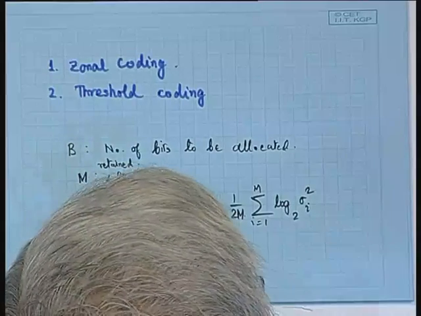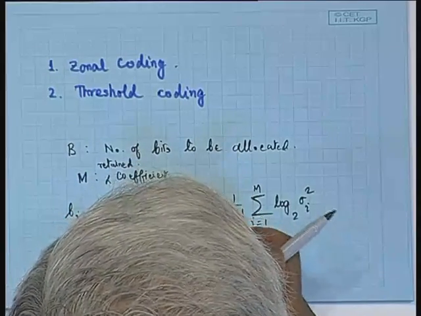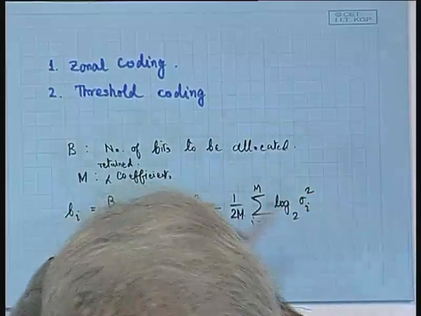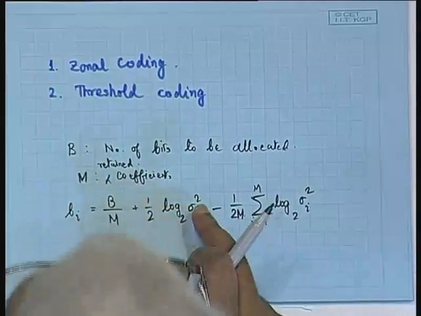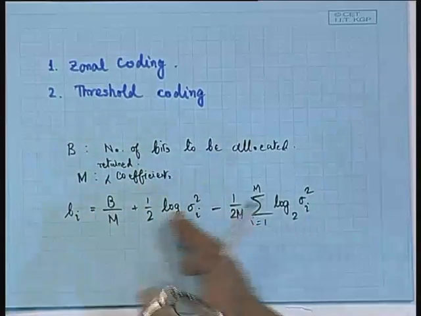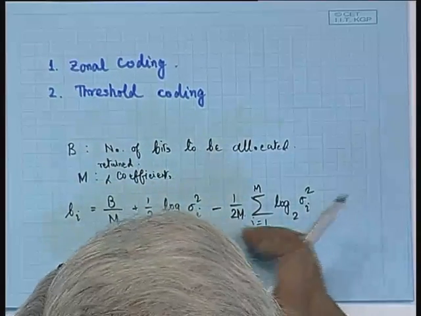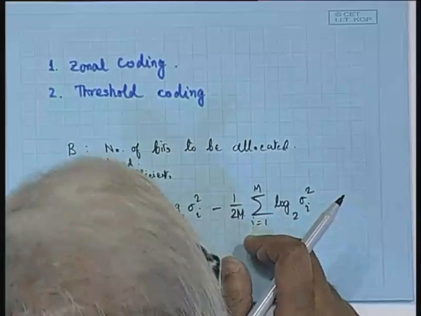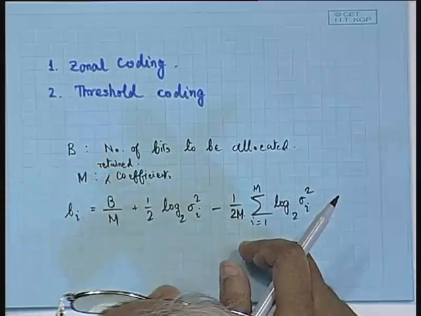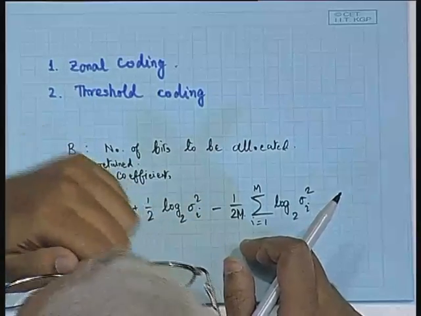So, B will be there, and this is 1 by 2 m summation. If you are adding up for i equal to 1, i equal to 2 for the second term, it is leading to the term that is there in here. So, essentially you will be getting capital B number of bits to be allocated. So, the bit is allocated in proportion with the variance.